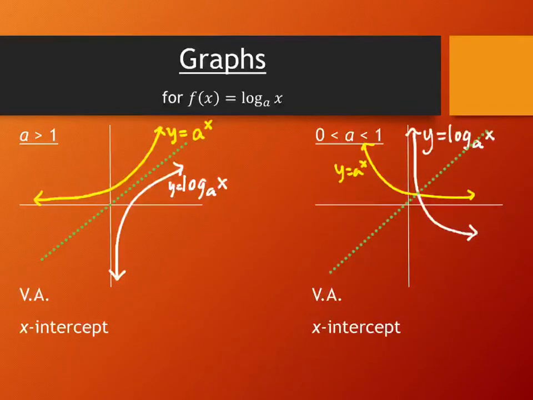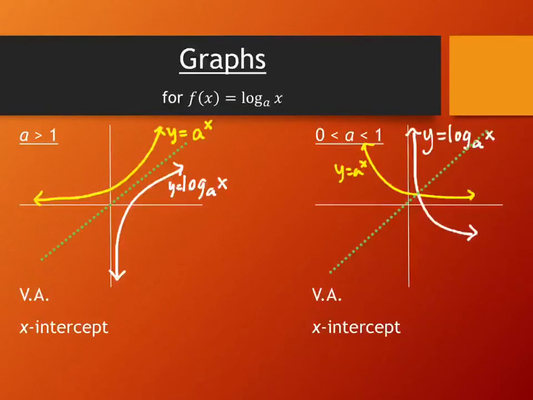This green dotted line on each graph, it's easier to see on the first one, I think, but it's still true about the second one, is a line of reflection. If you took the yellow curve and you reflected it over that dotted line, you would end up with the white curve. Wouldn't you? It's easier to see on the first graph because they don't overlap each other.